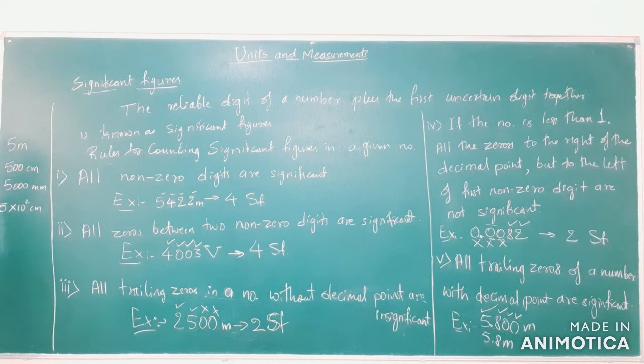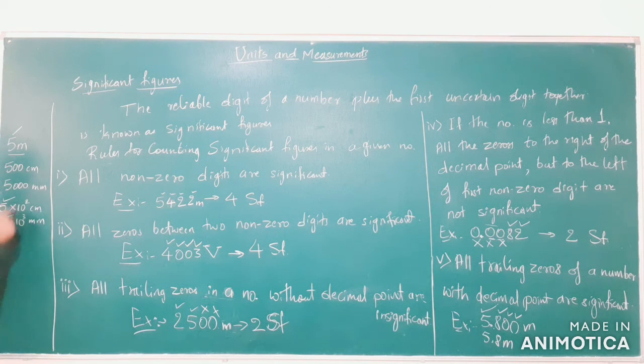Keep that in mind. And the same way, it should be written as 5 into 10 to the power of 3 millimeter. So the number of significant figures in the actual measurement is 1. The converted value is also 1. The other converted measurement is also only one significant figure.